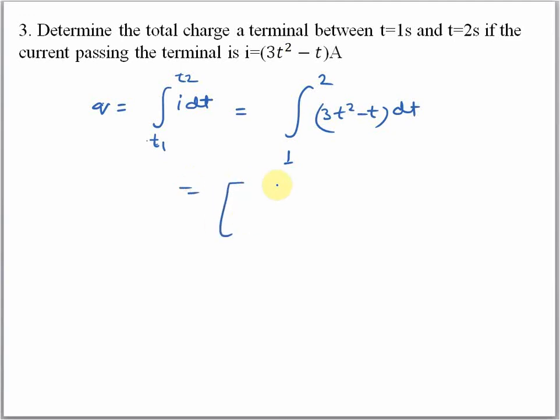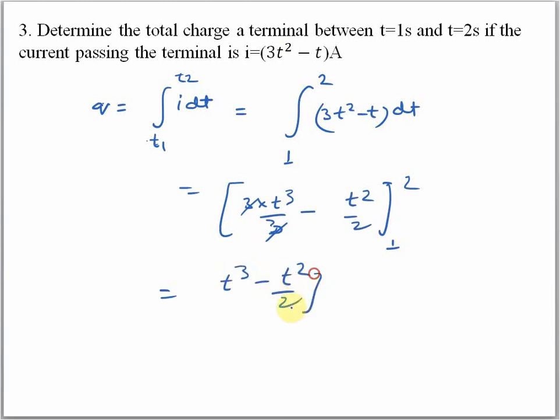The integration will be 3 t cube by 3 minus t square by 2, and the range is 1 to 2 second. If we solve this, the 3s cancel, and we get t cube minus t square by 2, from 1 to 2.